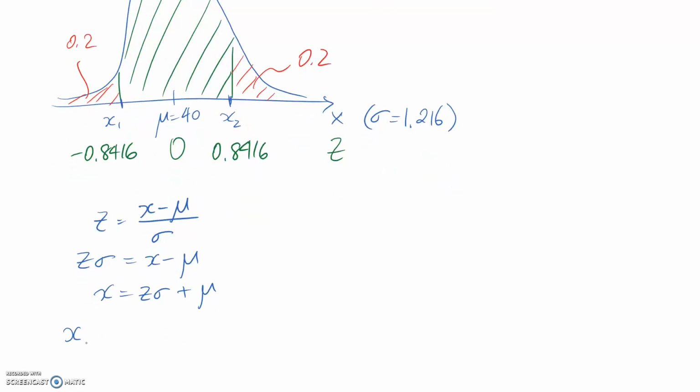So let's work out, I'll start with x1. So the z value for x1 is negative 0.8416 multiplied by the 1.216 for the standard deviation plus the mean, which is 40. So x1 works out to 38.98 weeks approximately. So that's this in here.